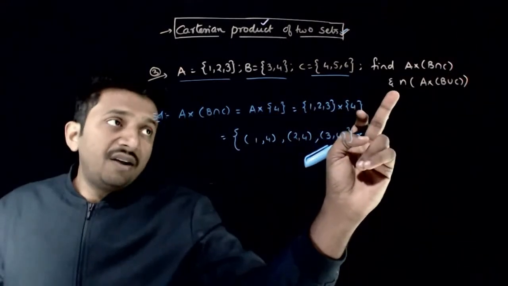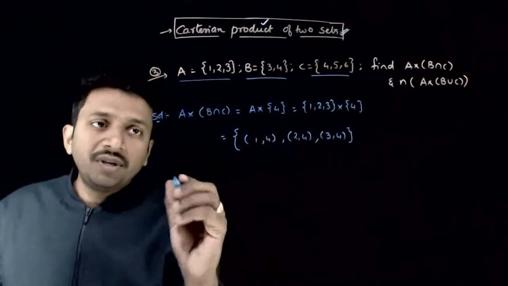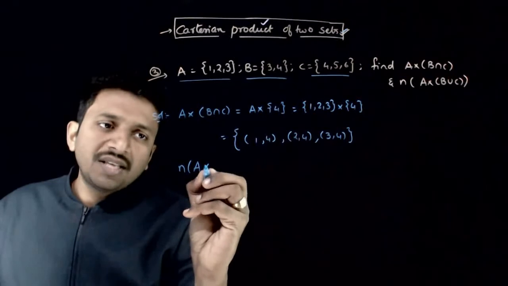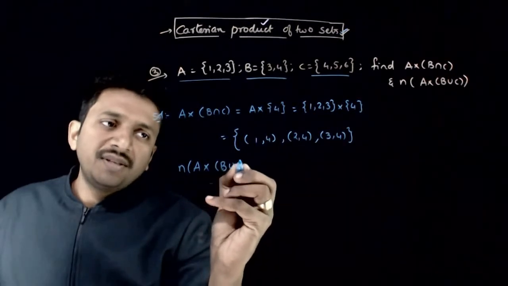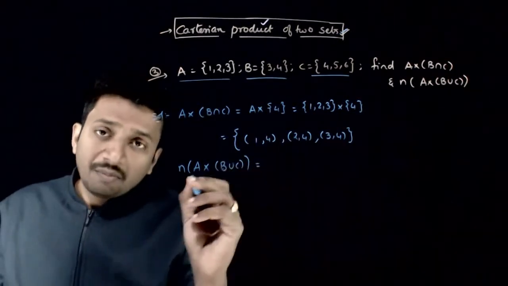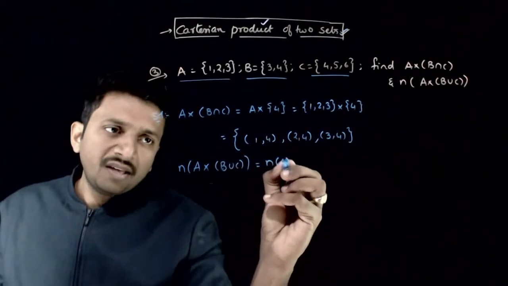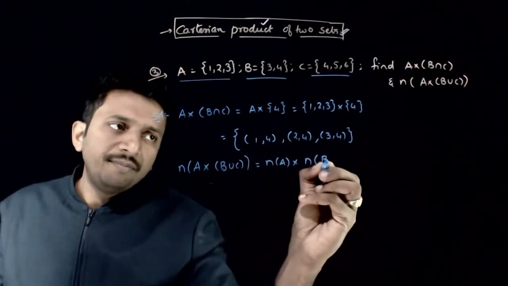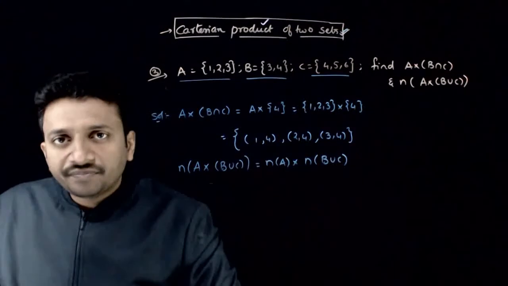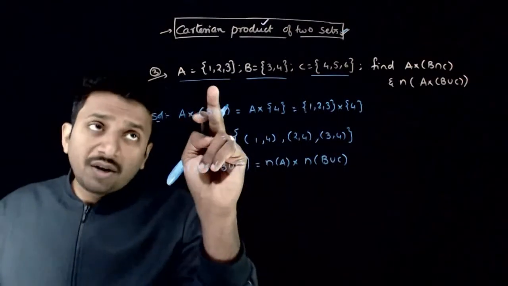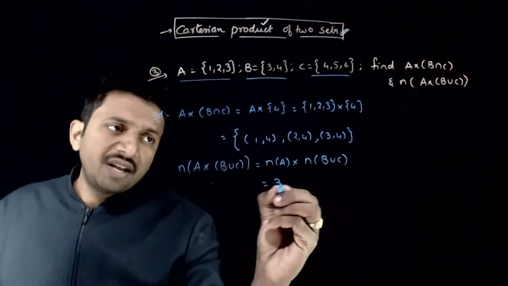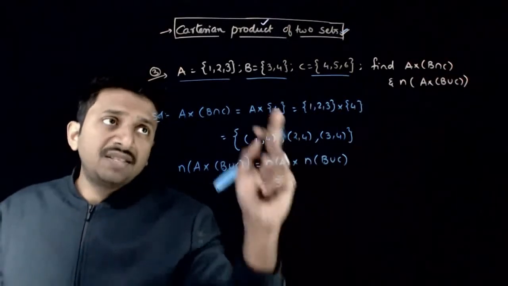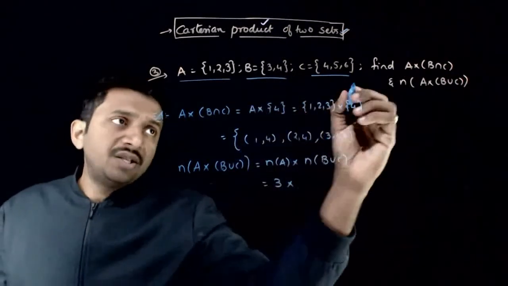Now let us try to find n(A × (B ∪ C)). That's nothing but, by formula, n(A) into n(B ∪ C), right? So what is n(A)? n(A) is very clear, which is 3. Now for n(B ∪ C), I need to union these two.